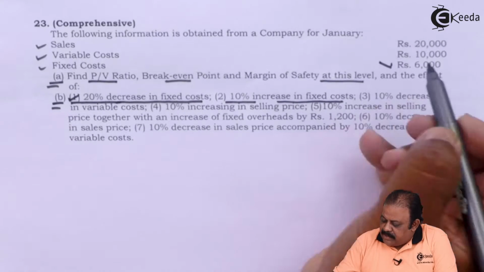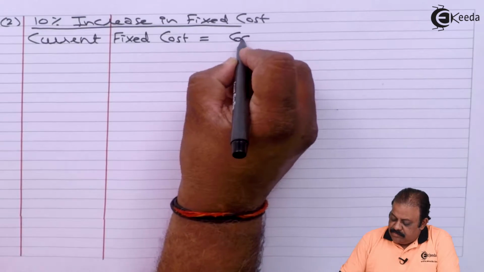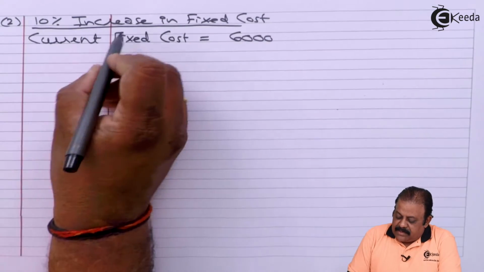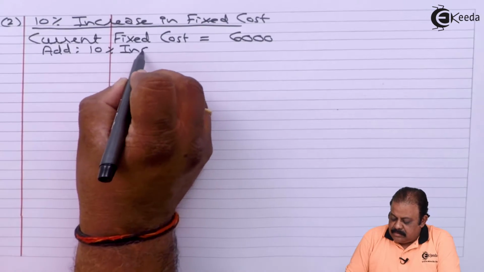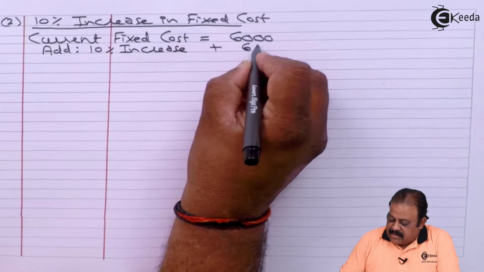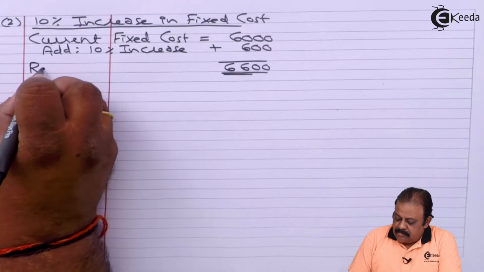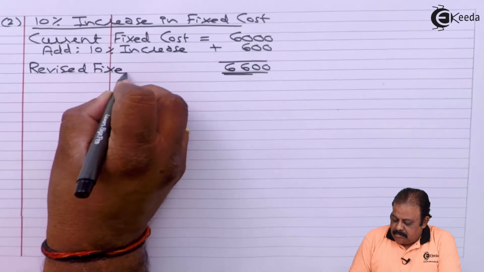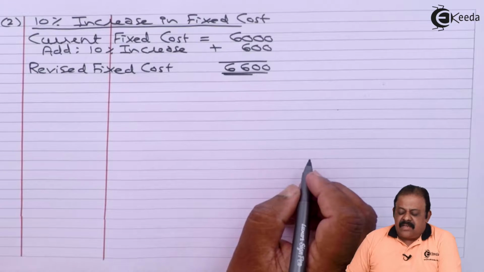Current fixed cost is rupees 6,000. A 10% increase, so we add 600. So revised fixed cost is 6,600.